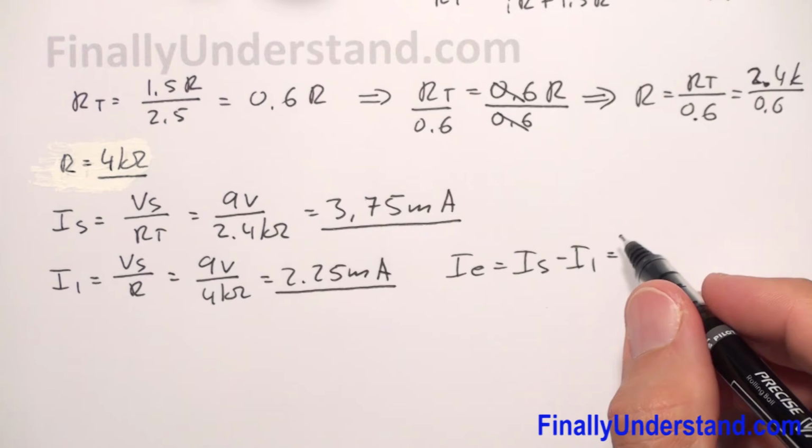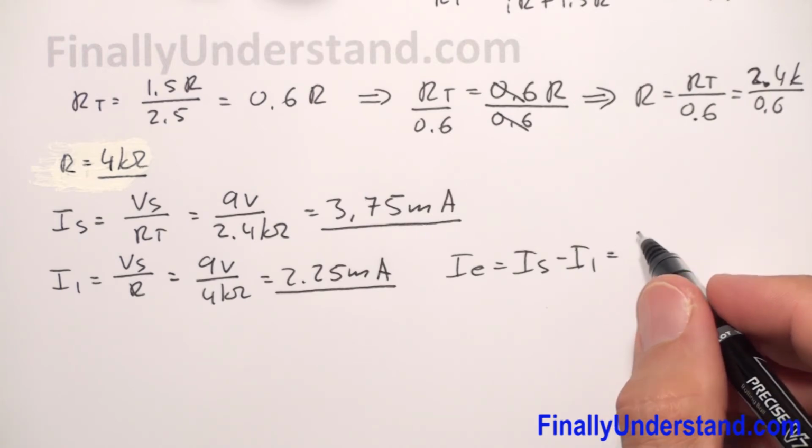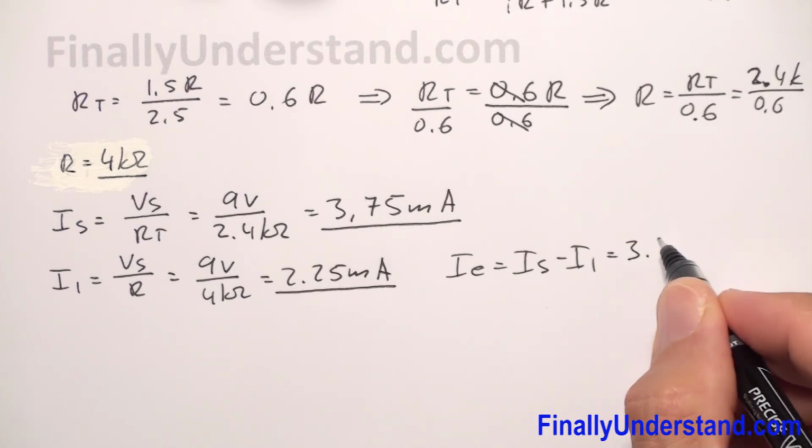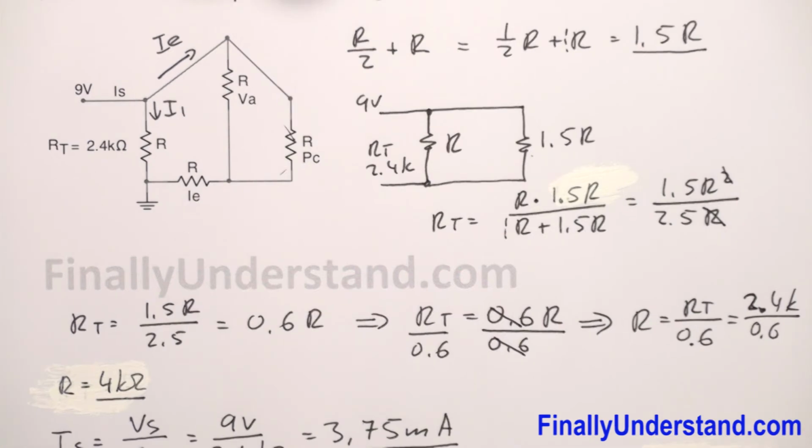And IS is equal to 3.75 milliamps minus 2.25 milliamps. So IE is equal to 1.5 milliamps.